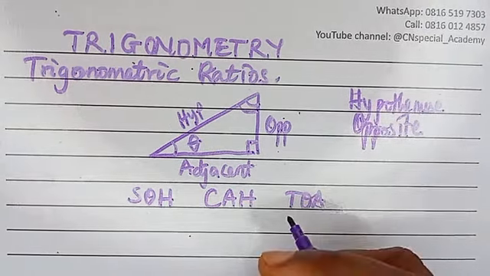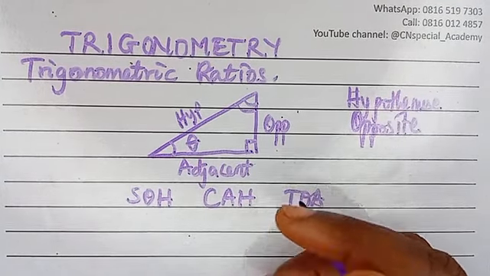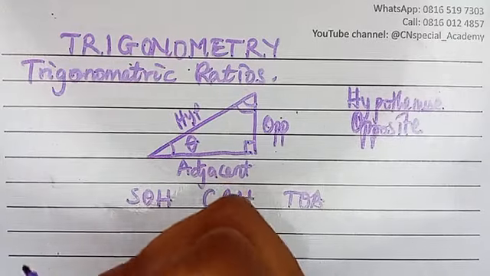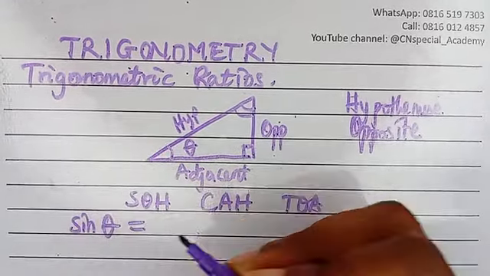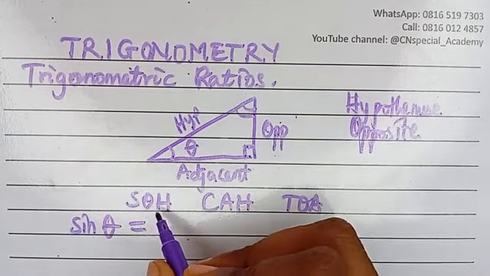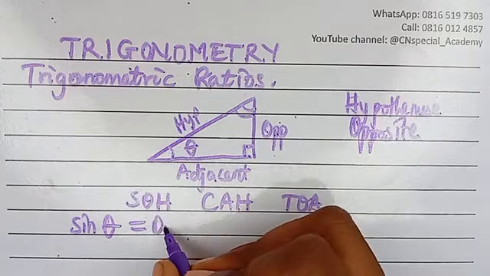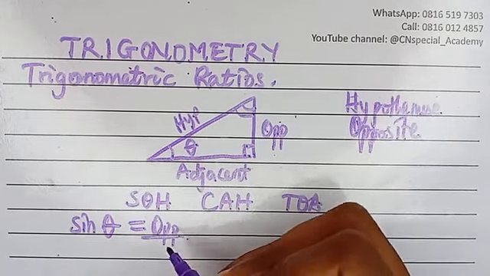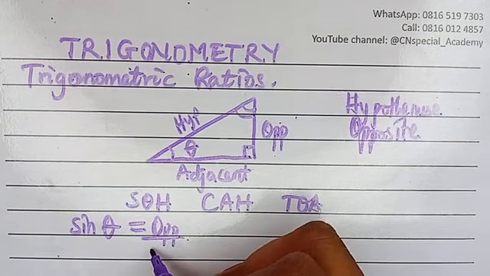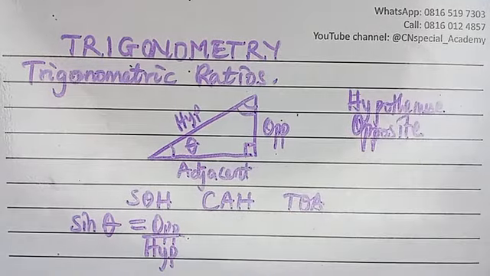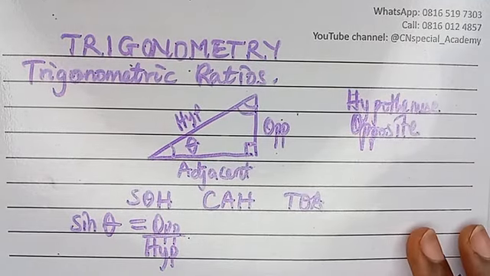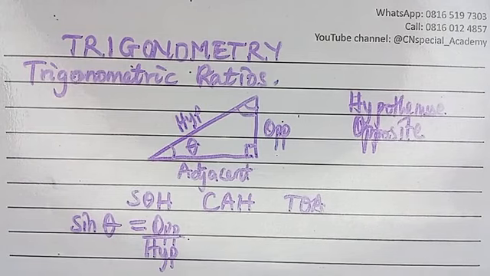SOH stands for: the sine of an angle theta is equal to the length of the opposite side over the length of the hypotenuse. H represents hypotenuse. That's what the ratio sign means.